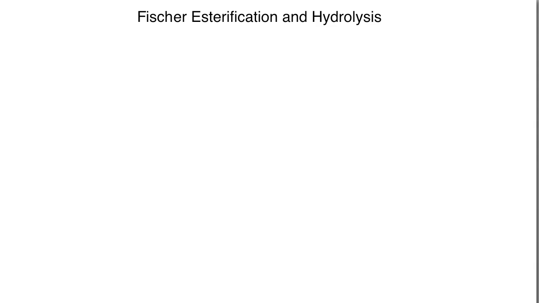All right. So in order to start out, we would take an ester. Remember that esters are going to have the general form R, C double bond O, and then you're going to have an OR of some sort. Now, when you have the ester, this reversible reaction is going to require two things.